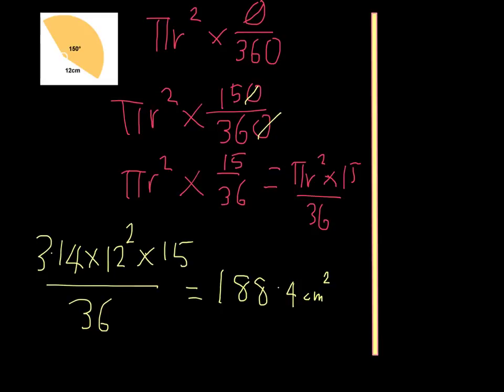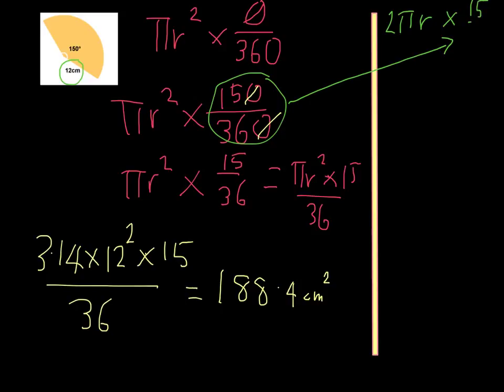To then work out the perimeter, we're going to use the same theory. In this case, we have a radius given, so we use 2 pi r. And we're going to need to multiply it by the same thing, 150 over 360, which was 15 over 36, to get this fraction of the circumference.